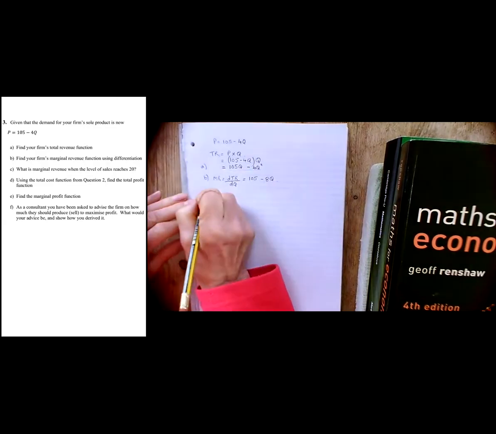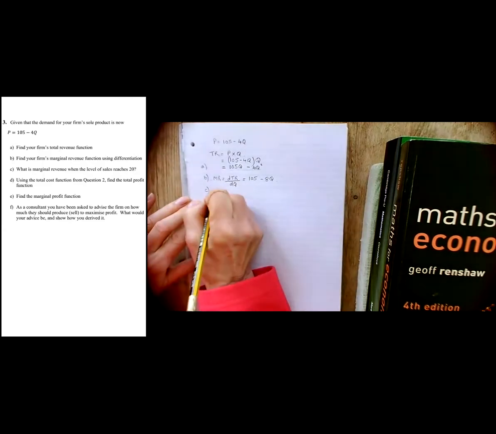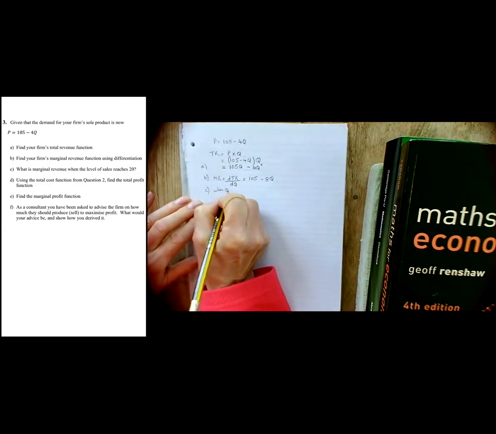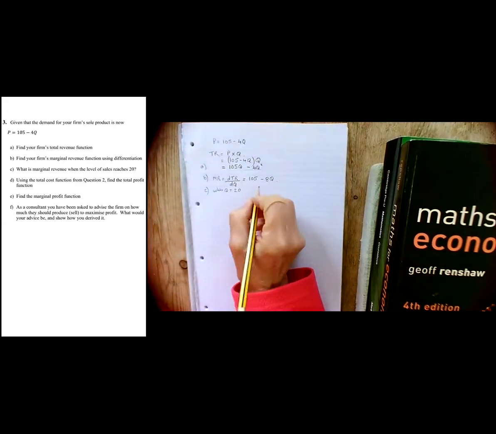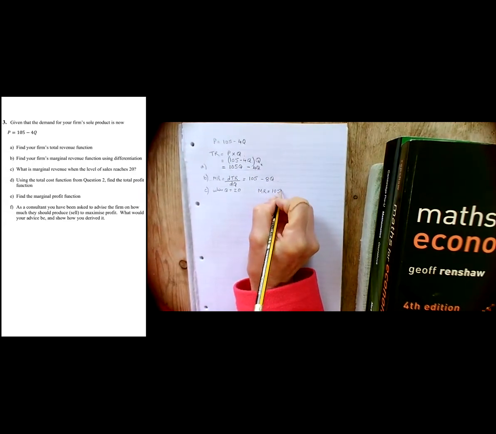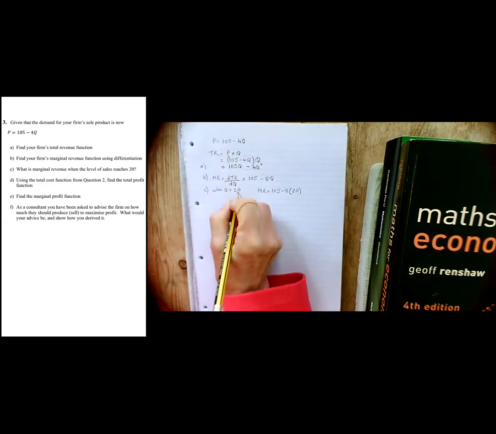C. We've been asked for the marginal revenue when Q equals 20. 20 units, 20 million, who knows? So when Q equals 20, MR equals 105 minus 8, and now wherever we see a Q, we're going to substitute 20.